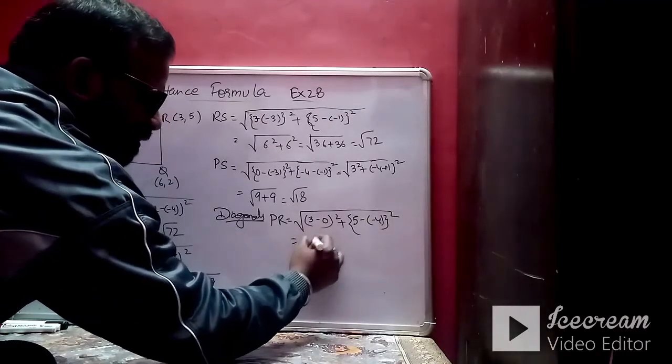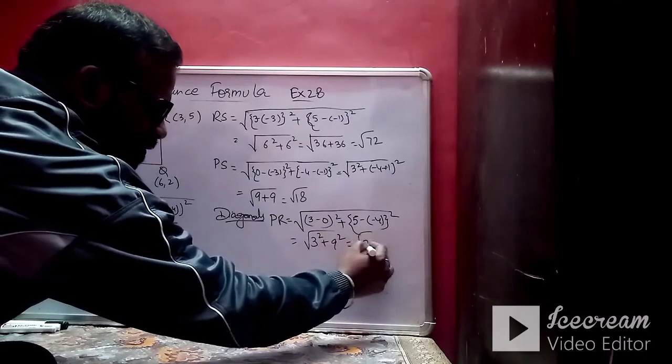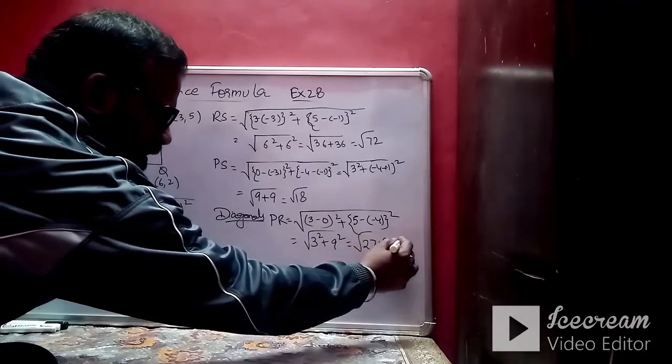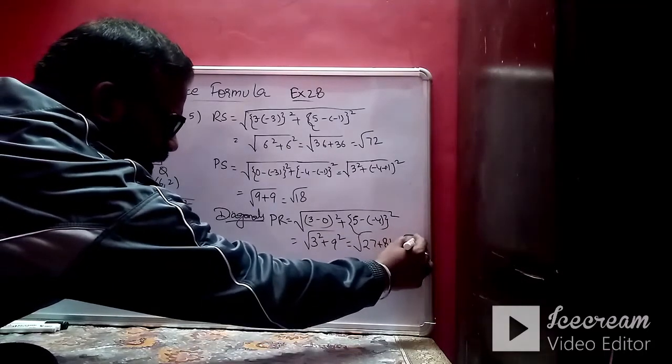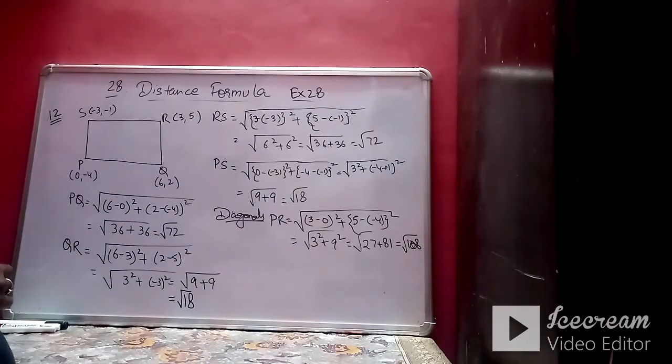So it will be 3 square plus 9 square, that is 9 plus 81 equal to 90. So this is the value of PR.